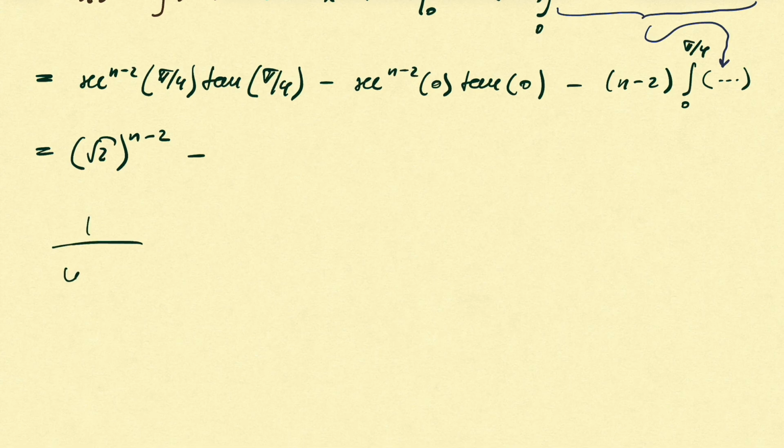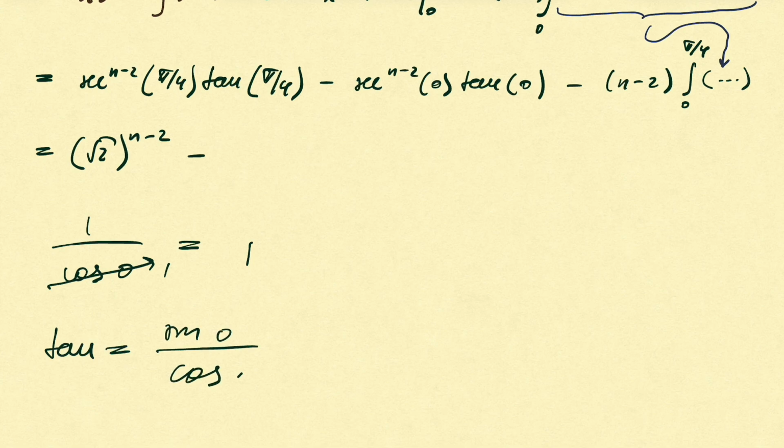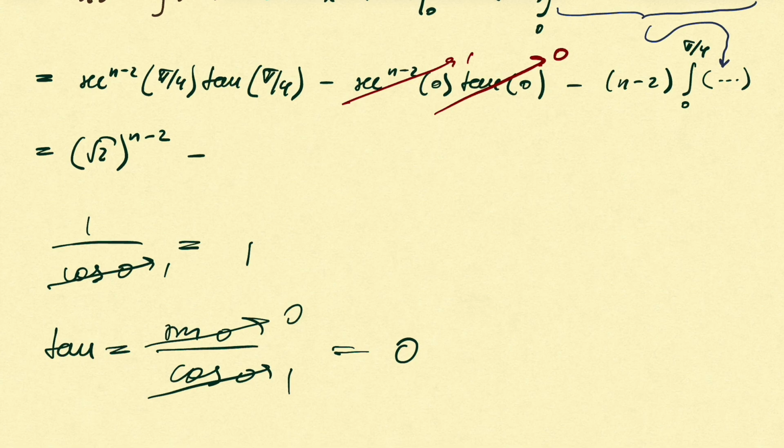Again, 1 over cosine of 0 is 1, because cosine of 0 is 1, and tangent of 0, you might guess that it's 0, because it's sine of 0 divided by cosine of 0, and if cosine of 0 is 1, then sine of 0 is 0, right? So it's 0. Then we don't even need this part, because tangent of 0 will be 0 and it's multiplied by 1. So we have 0 here. Okay.